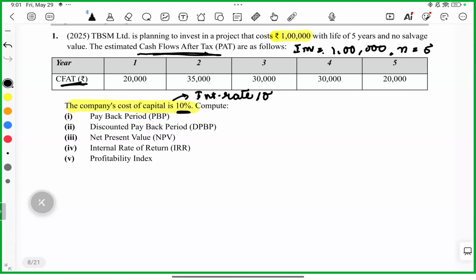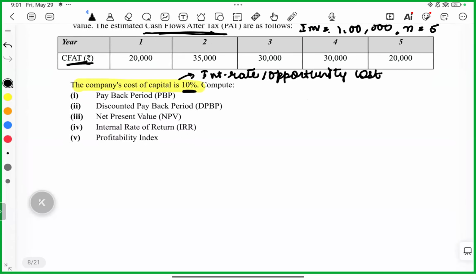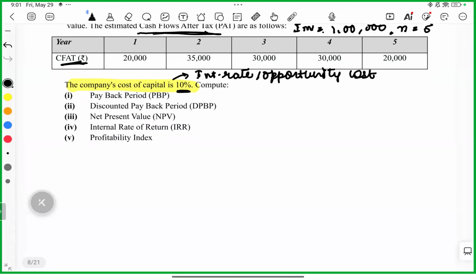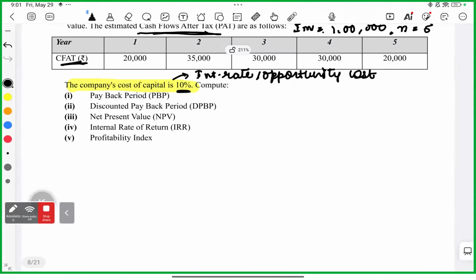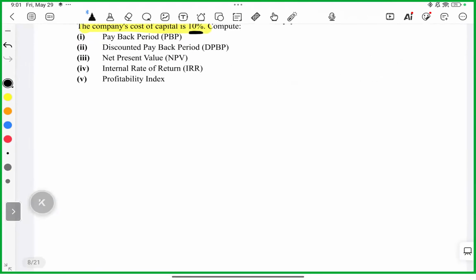So this is also your opportunity cost. Okay, so basically it means you have to do discounting or compounding at 10%. Okay, we will see how to do it. Now you have to compute payback period, discounted payback period, NPV, IRR, and profitability index. We are going to see these methods or techniques with the help of this example.